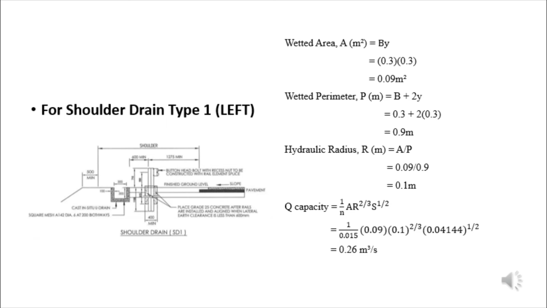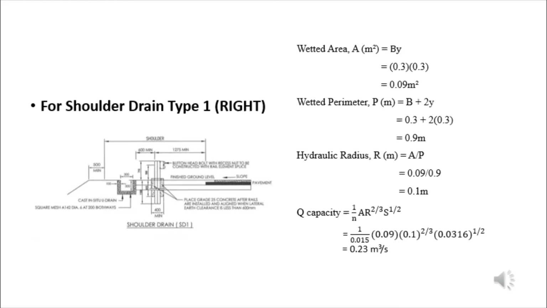Then we calculate the Q capacity, and the Q capacity of the left side shoulder drain is 0.26 meter cube per second. For the right side shoulder drain, it is also the same as the left side shoulder drain. We calculate the wetted area, wetted perimeter, hydraulic radius, then we calculate the Q capacity. The Q capacity of the right side shoulder drain is 0.23 meter cube per second.